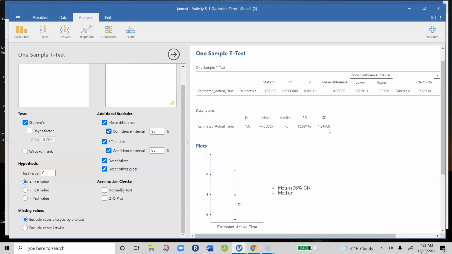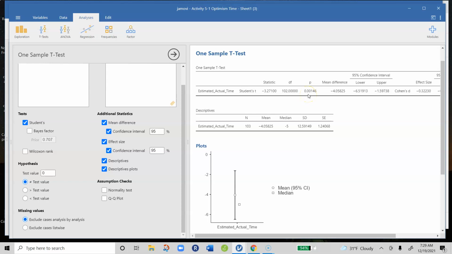So sampling error is the standard error of the mean. That's the typical distance we would expect for samples of this size from that test value of 0. Right? So a computed t statistic. Here it's not labeled t at the top, but off to the side it tells us the Student t statistic is negative 3.27 with 102 degrees of freedom with a p-value of 0.00146.